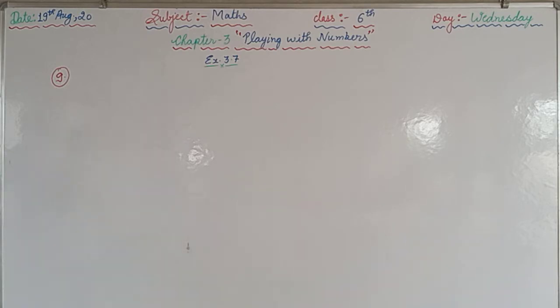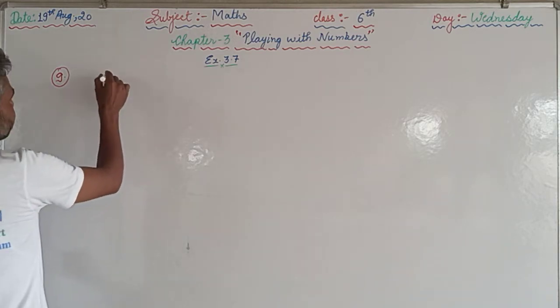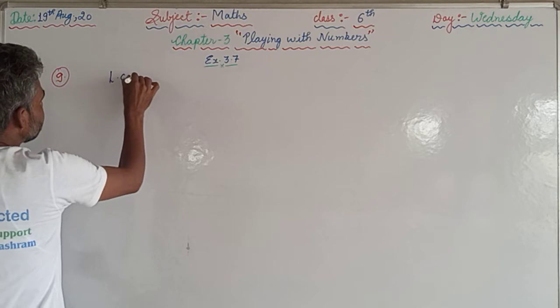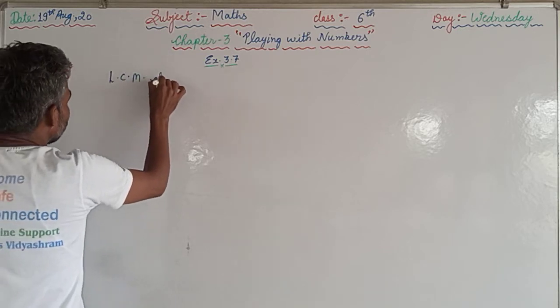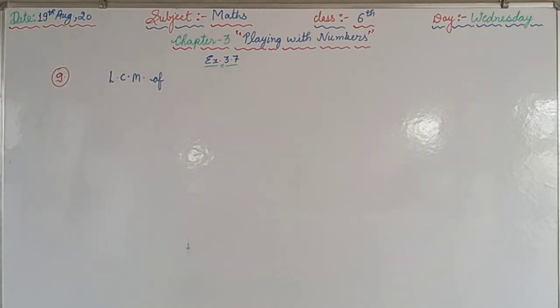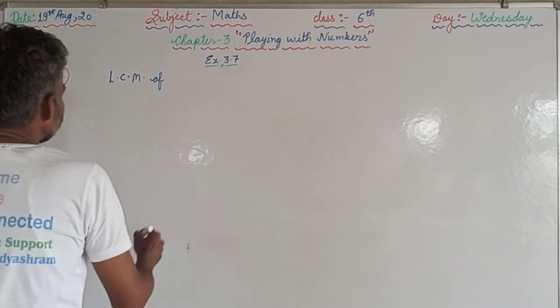So first of all we will find the number which is exactly divisible by 18, 24 and 32. So we have to find first of all the LCM of 18, 24 and 32.